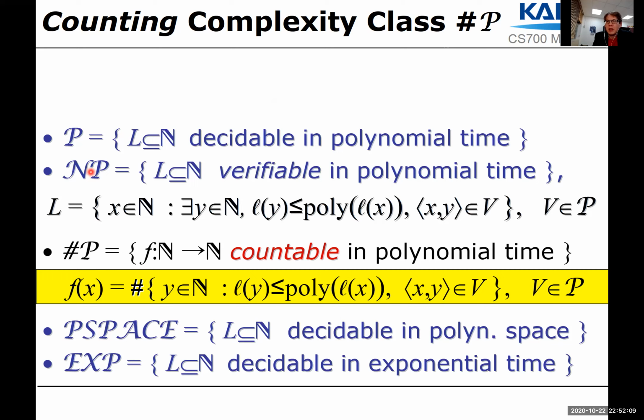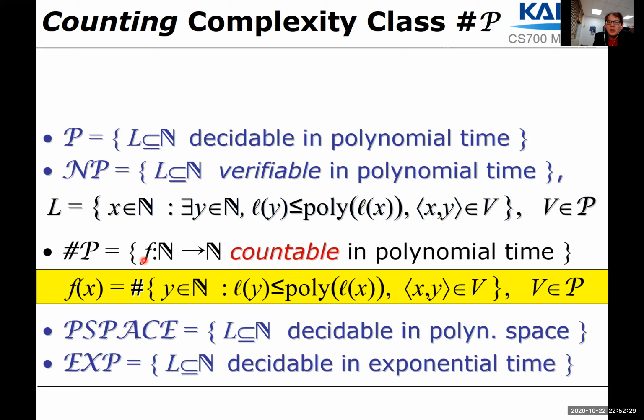How many independent sets of size k does a graph have? And as I mentioned, how many Hamiltonian circuits does a graph have. So this is intuitively a larger complexity class with more difficult problems, or at least as difficult.